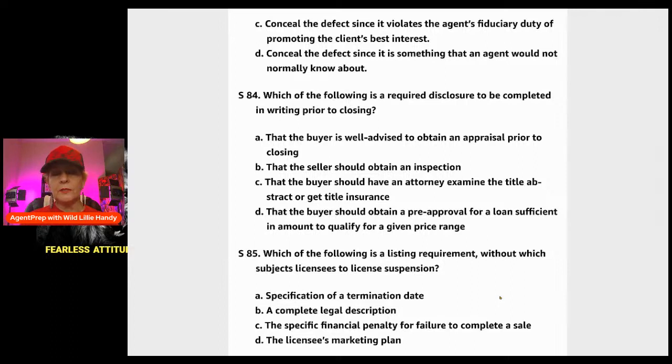Listing agreements or listing contracts have a start date and an end date. They do have a complete legal description, it could be a brief legal description. Okay, actually, it is the legal description. However, it has to have a termination date.